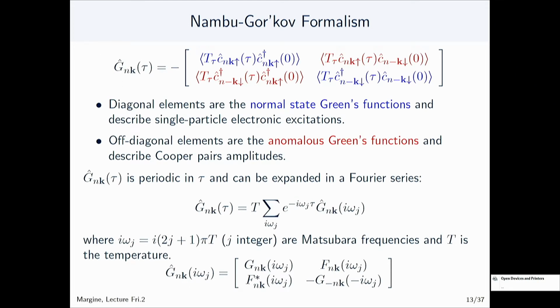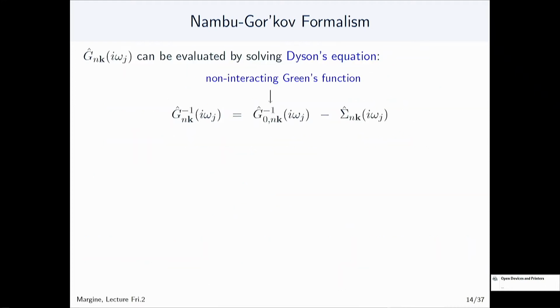So what we are left with right now is to find this generalized Green function in terms of the Matsubara frequency, and this can be done by solving the Dyson equation for electrons.